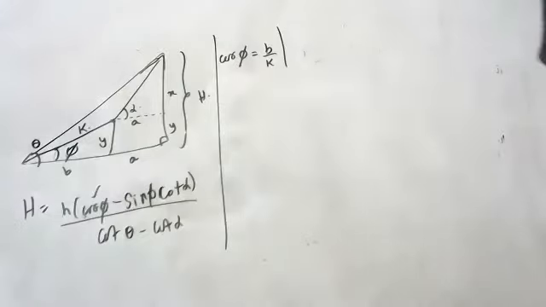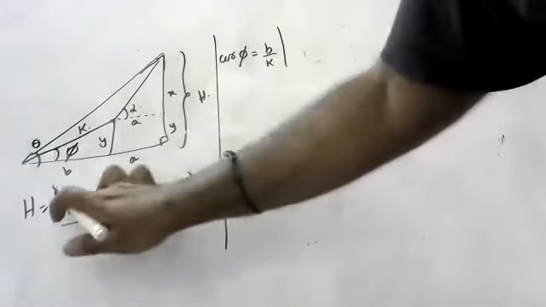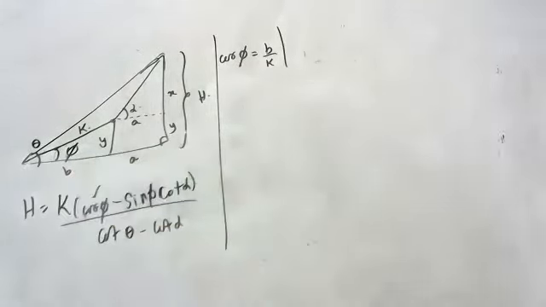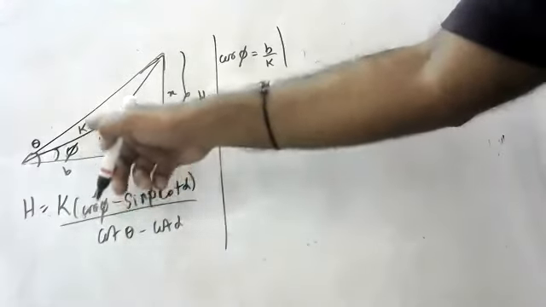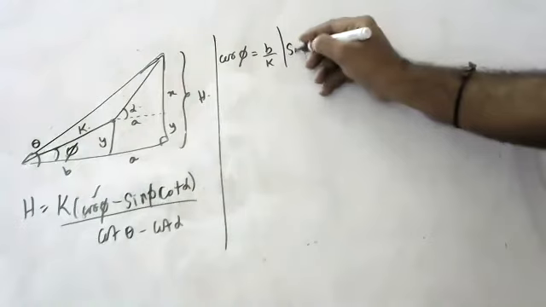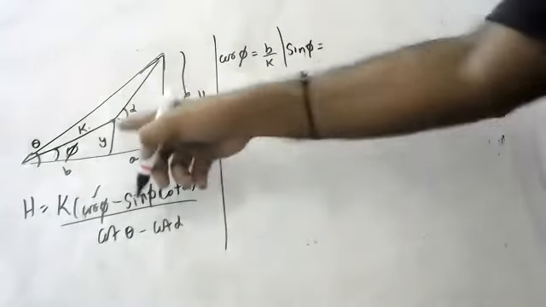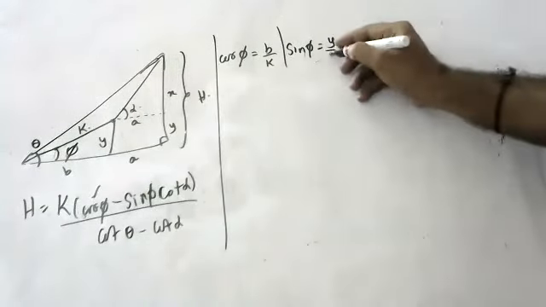K can be there in the final answer because k is given by him, children. So cos phi is b by k, adjacent by hypotenuse. Now, anyone help me with sin phi? Y by k, opposite by hypotenuse.